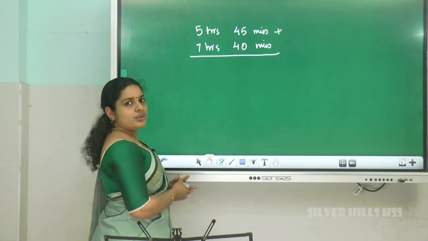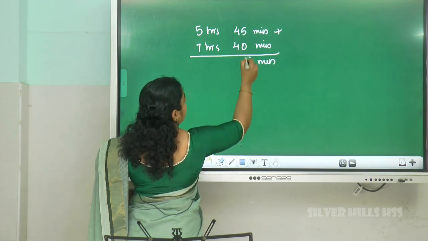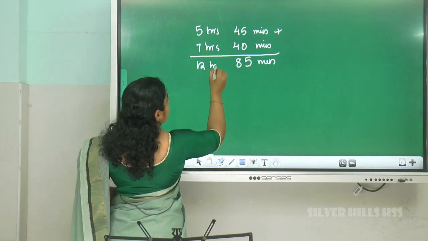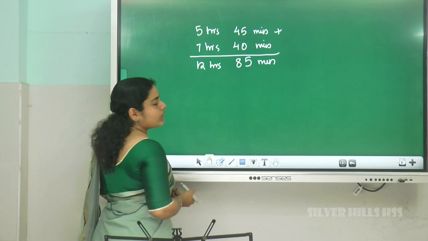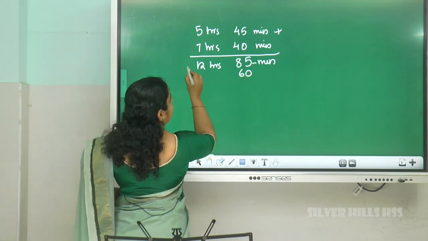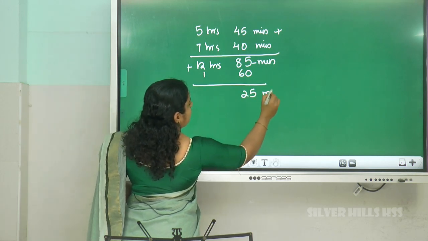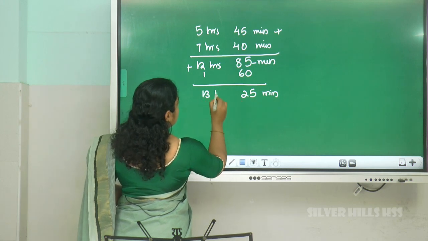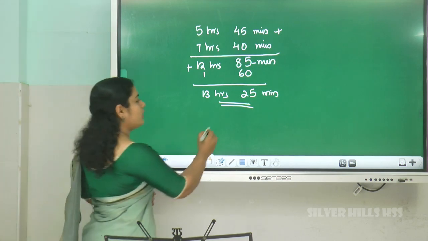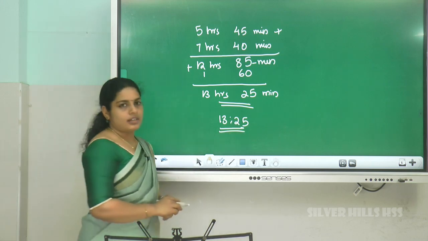This is not like usual addition. So while adding the minute part, we will get 5 plus 0, 5, 4 plus 4, 8, 5 plus 7, 12 hours. Now here again, this minute part is more than 60, so we will subtract 60 and add 1. So it will be 25 minutes and 13 hours and 25 minutes. 13:25 is the arrival time of the last train.